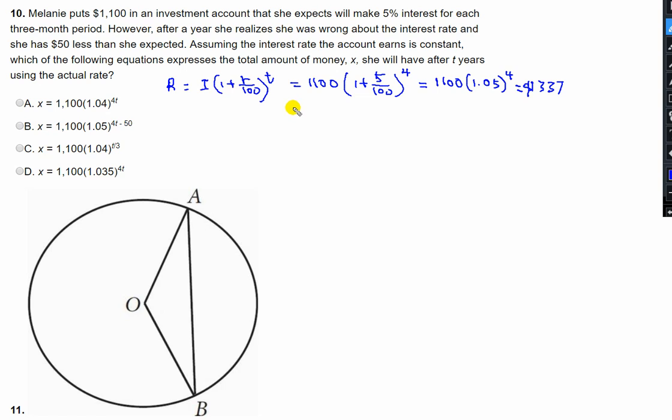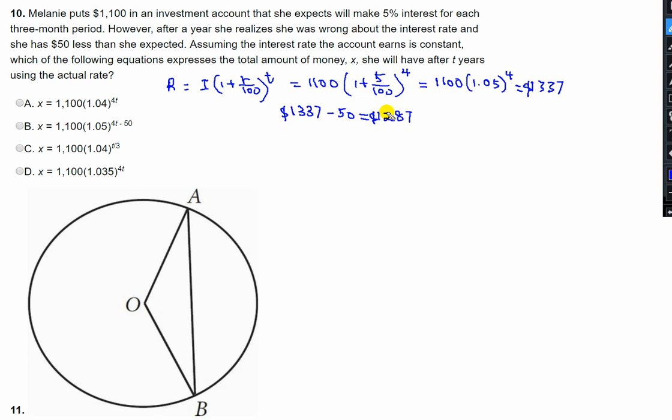So he was supposed to get 1337, minus 50. He actually gets 1287. This is the sum of money he actually gets.